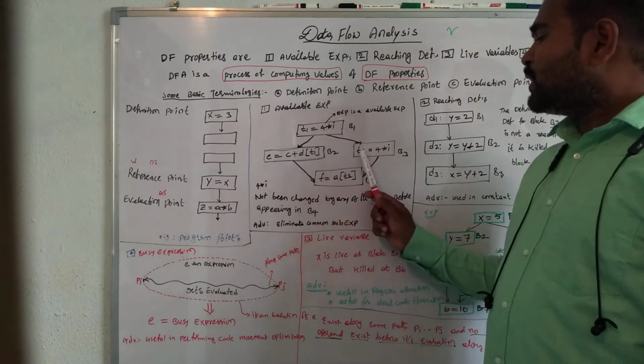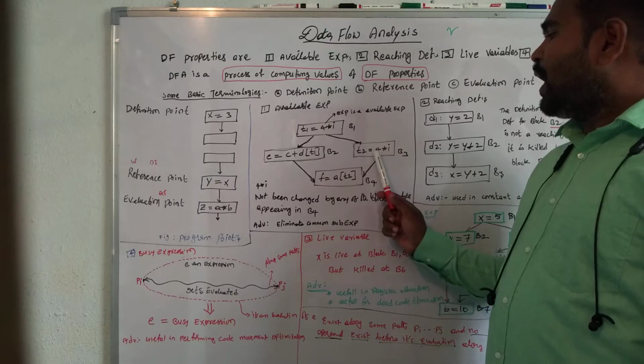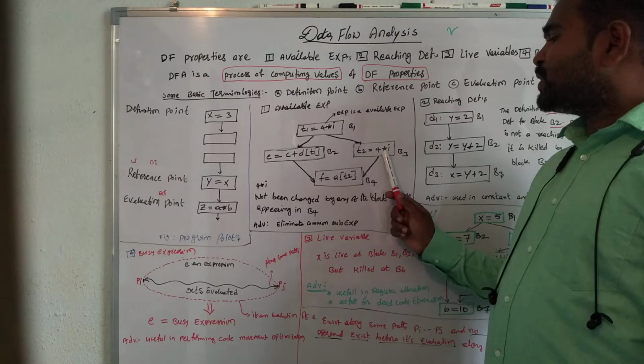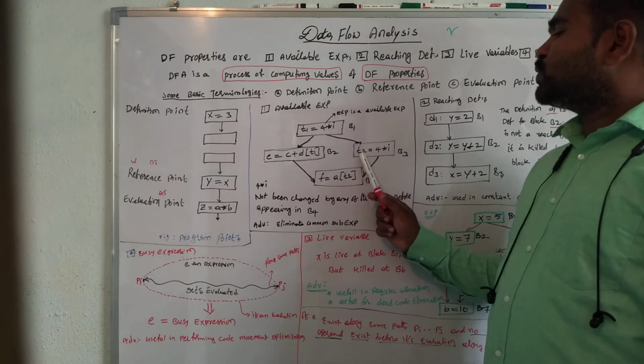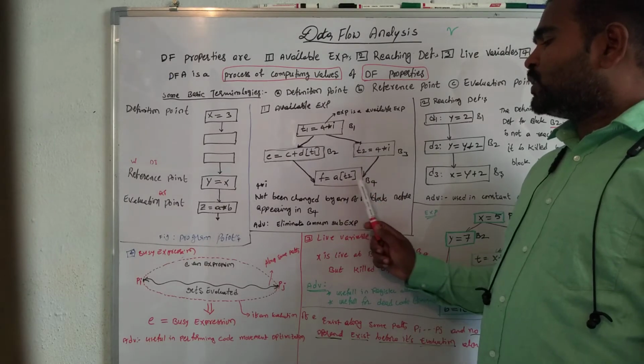Next, t2 has the same expression 4 into i. After evaluating this expression, the resultant value is assigned to the t2 location. Now t2 is used in block B4.